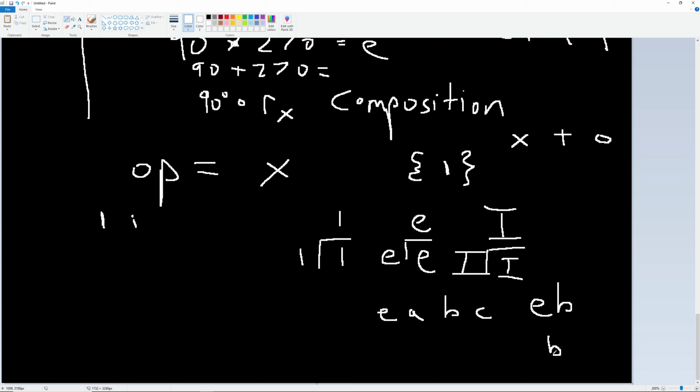B composed with C, BC. Sometimes just nothing is written. I'll leave a little space for it. Sometimes you see a times symbol, sometimes a plus symbol, sometimes this little circle that is meant to say composition, basically. But all of them are composition. So that's sort of the safe road.